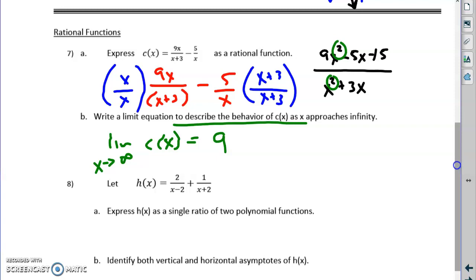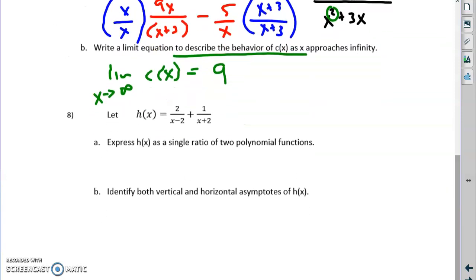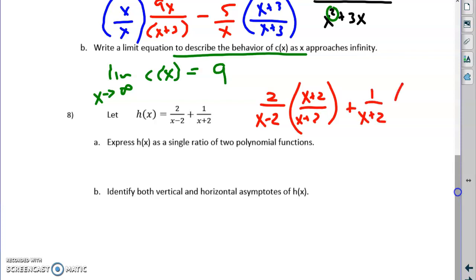All right, we got one more. We're going to multiply the first one. 2 over x minus 2 needs the x plus 2's. 1 over x plus 2 needs the x minus 2's.